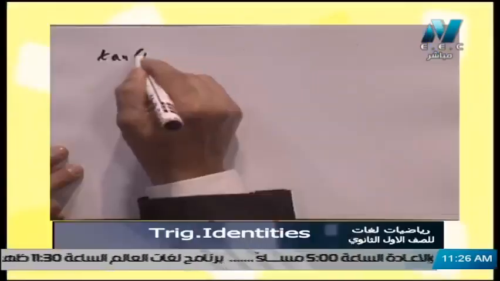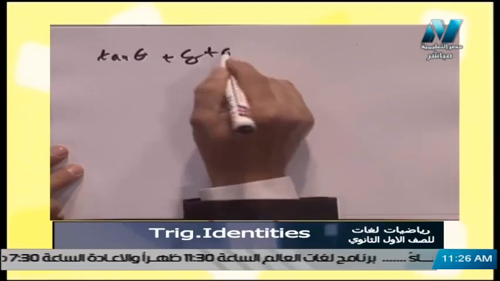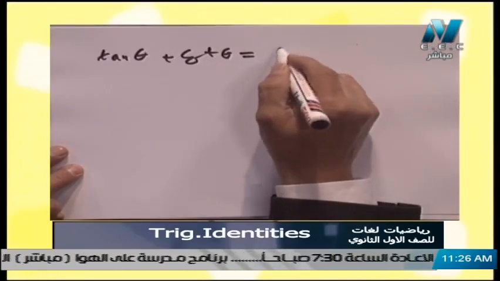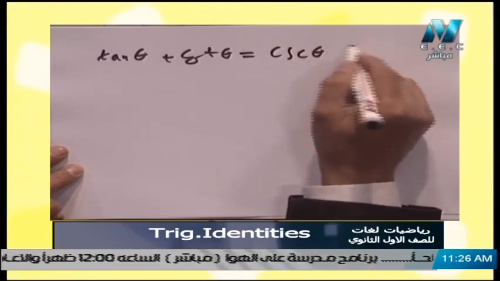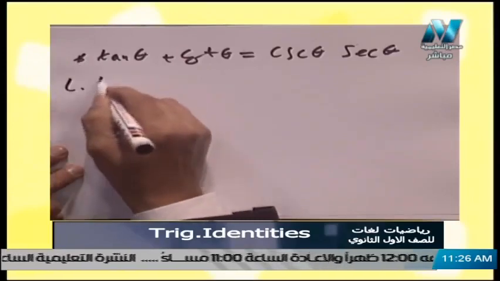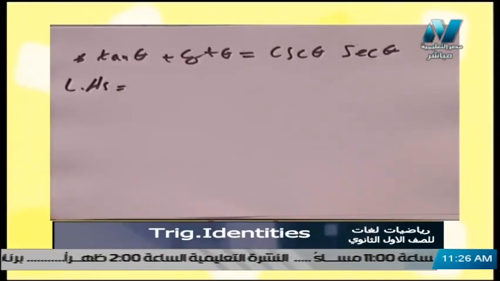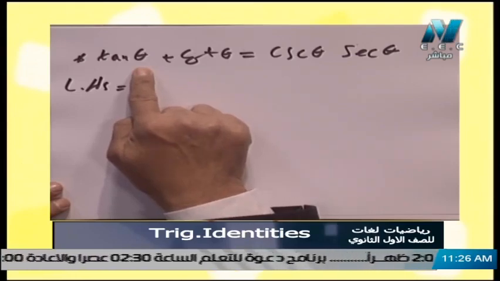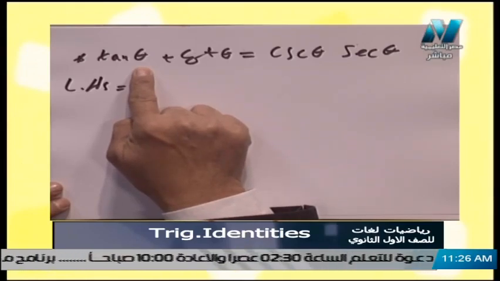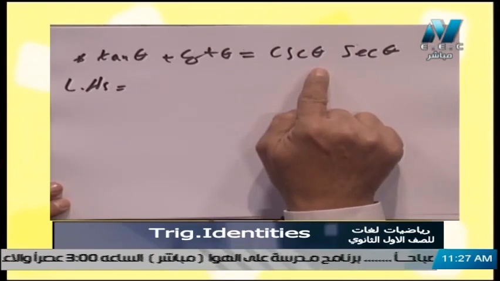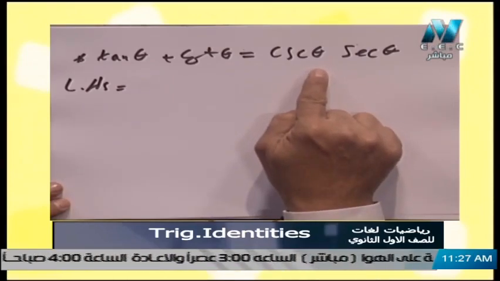We have here tan theta plus cotan theta, and we want to prove that it equals cosec theta multiplied by sec theta. Okay, we have here the left hand side. We know, my dear students, that tan theta equals sine over cosine. Some of you ask me, why don't you start with the right hand side?